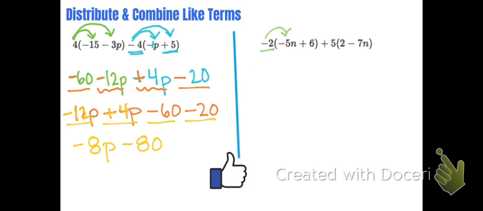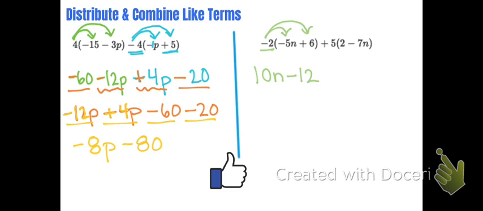Negative 2 times negative 5 is positive 10n. Negative 2 times positive 6 is negative 12. So again, make sure you're looking at negative 2 times negative 5n, and negative 2 times positive 6.